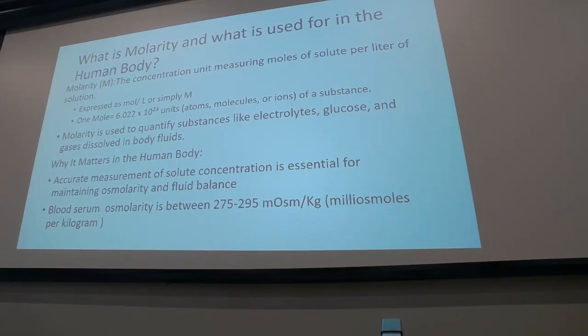And the molarity is expressed as moles per liter, or simply molar. 0.5 molar, you can say, okay, half of a mole. And the unit is the same, 1 mole, and the number within that unit will be 6.022 times 10 to the 23rd.